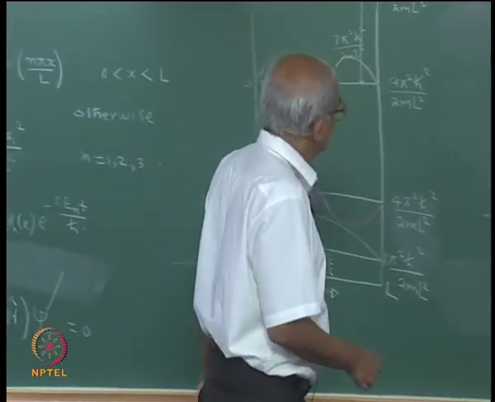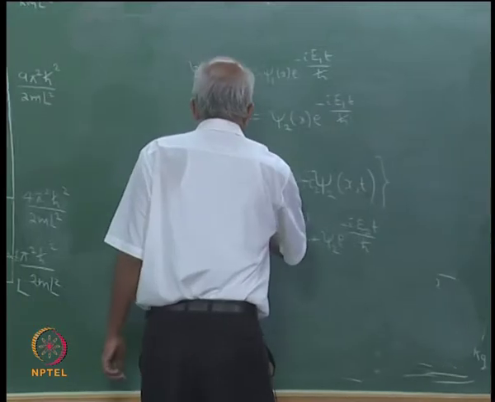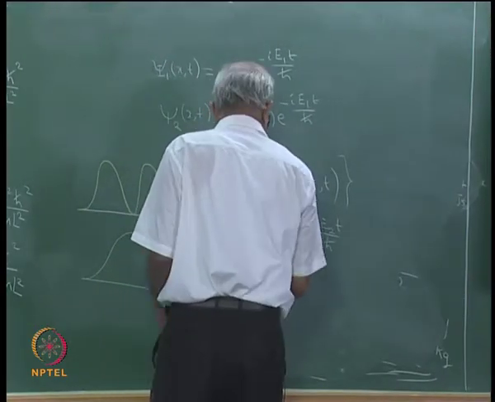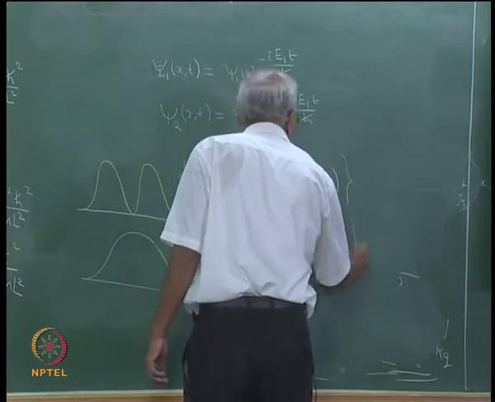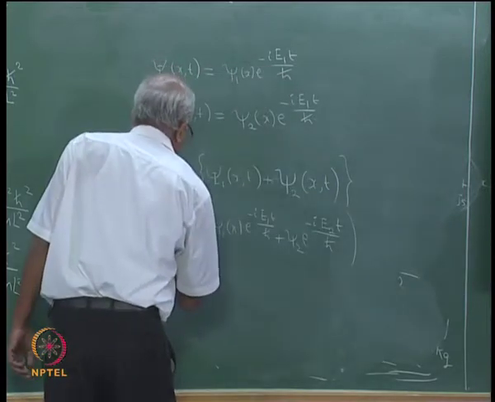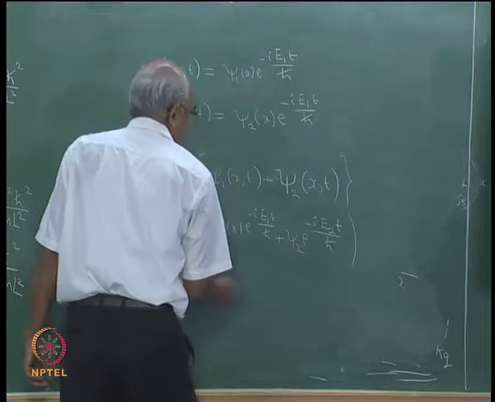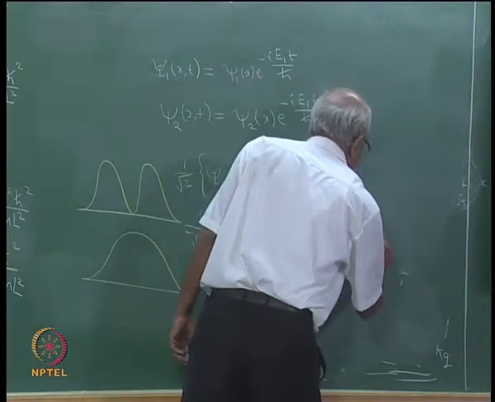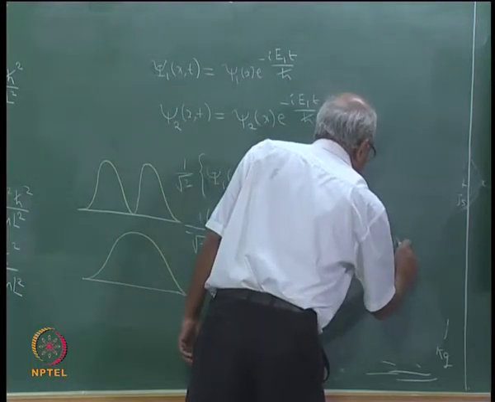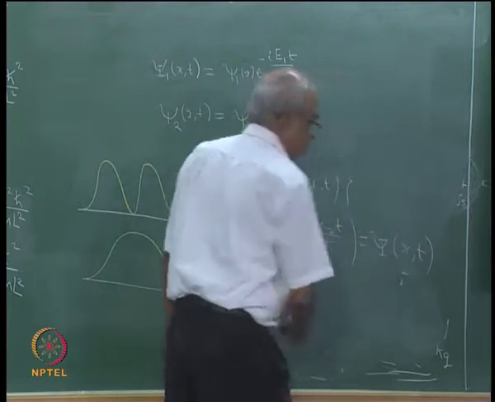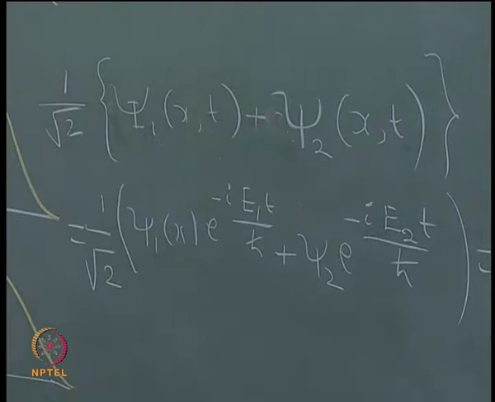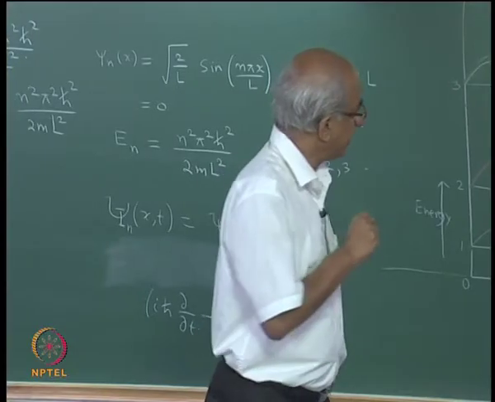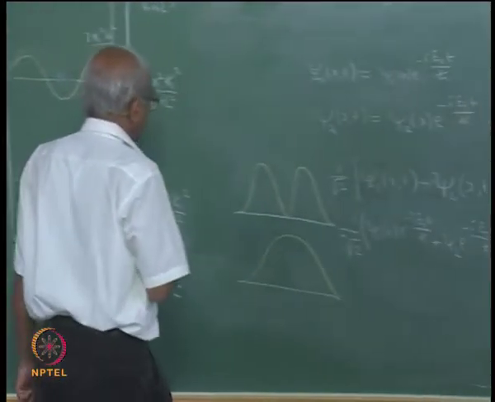Reason is, if you took this particular function, say that this is your psi, then you can actually calculate psi star psi. Suppose you had calculated psi star psi, what would be the answer?